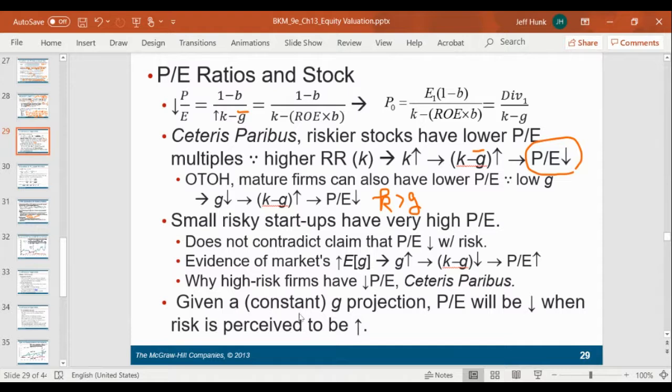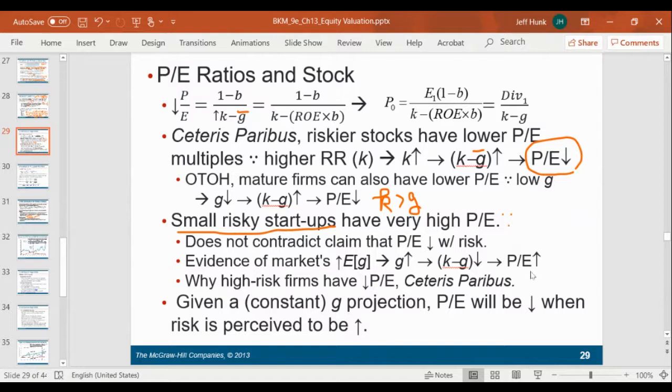Now, the opposite case is also true. Small and risky startups usually have very high price earnings ratios. What does that mean? Why?